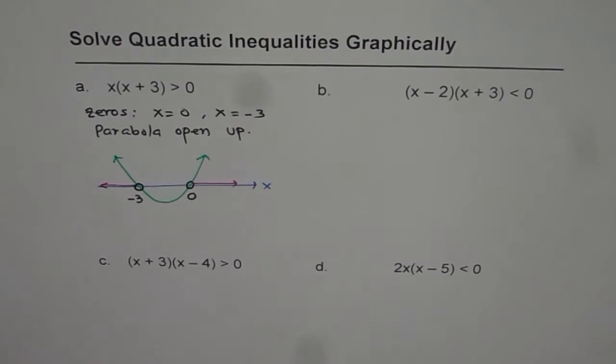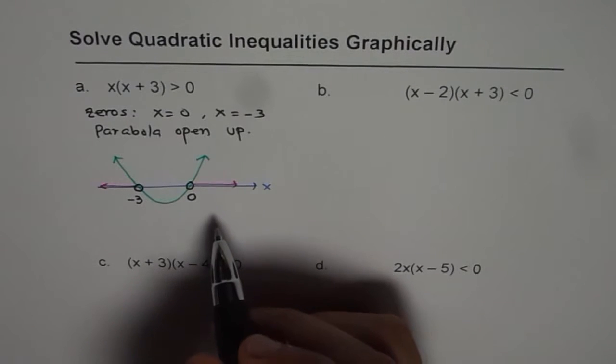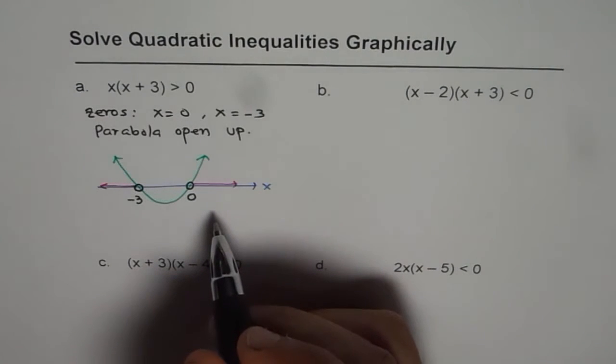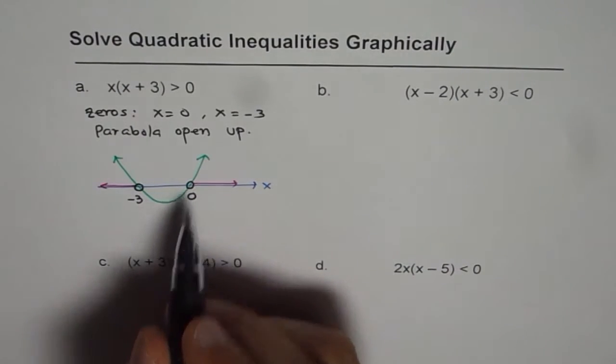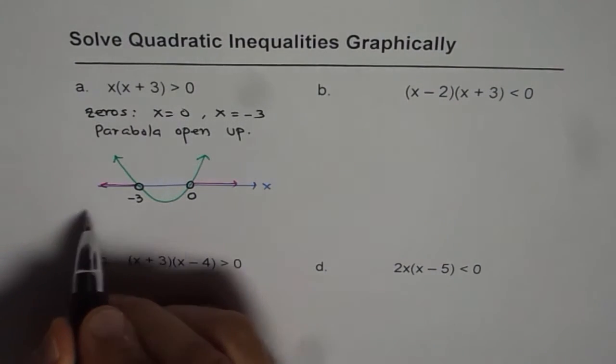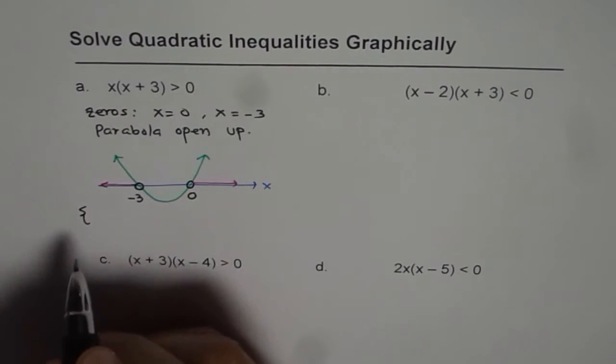Now we get our solution. I can write down this answer in different ways. I'll write them in set builder form and on a number line. These are 2 standard ways in which they are normally written. Now in set form, we say x belongs to a set, meaning these curly brackets.